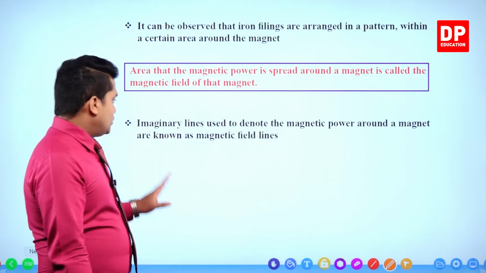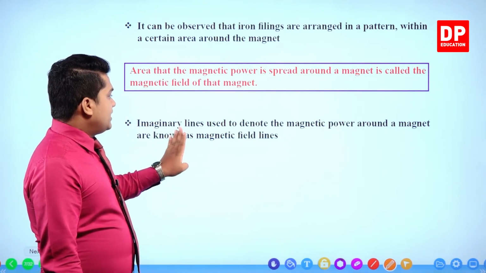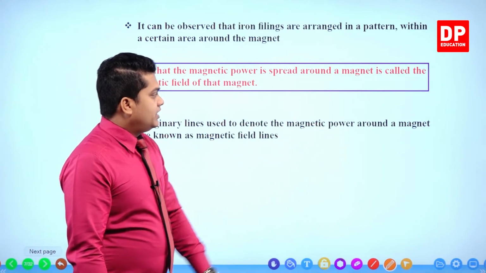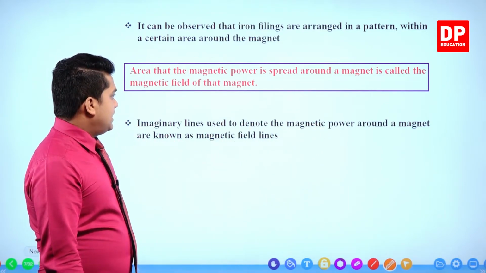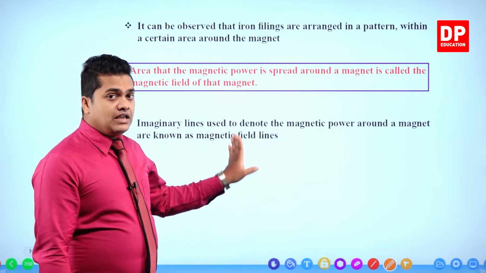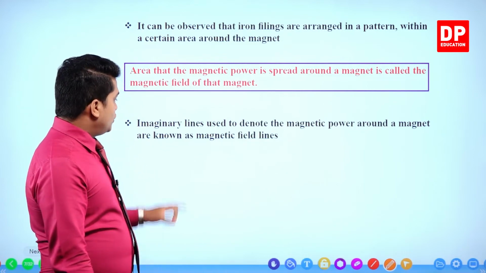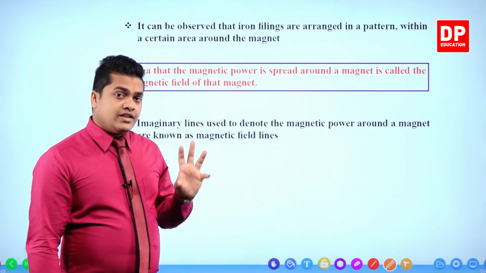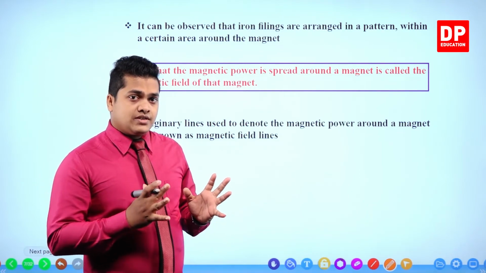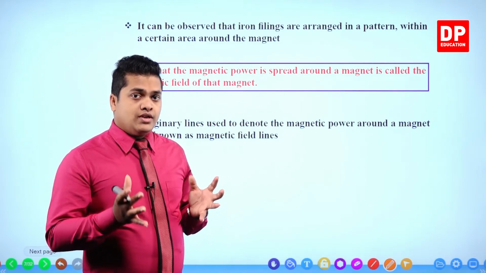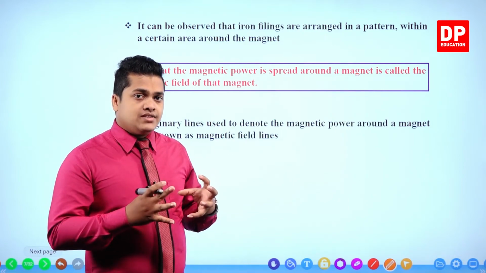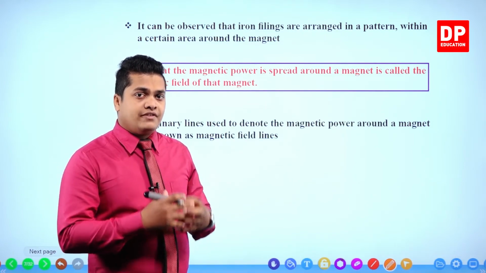Imaginary lines used to denote the magnetic power around the magnet are known as magnetic field lines. So we use imaginary lines when we are drawing a certain magnet. If you are asked to show the magnetic field, we use lines to denote it.